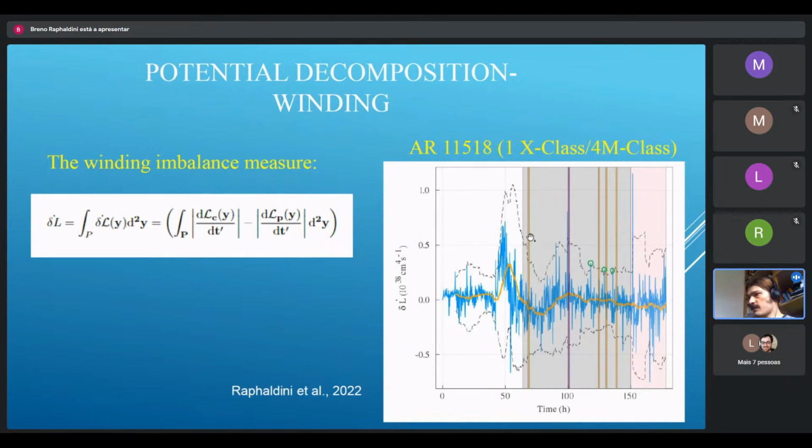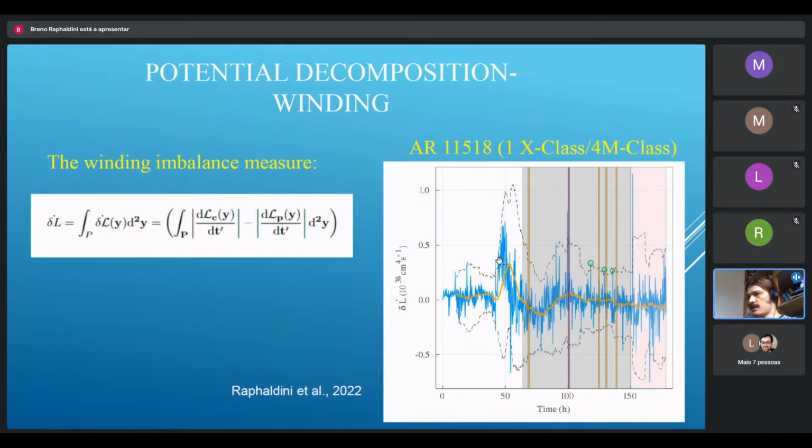Here in gray we show the period in which the flaring activity starts. It starts with a C-class flare, and then we show here in yellow the M-class flares, and in purple the X-class flare.